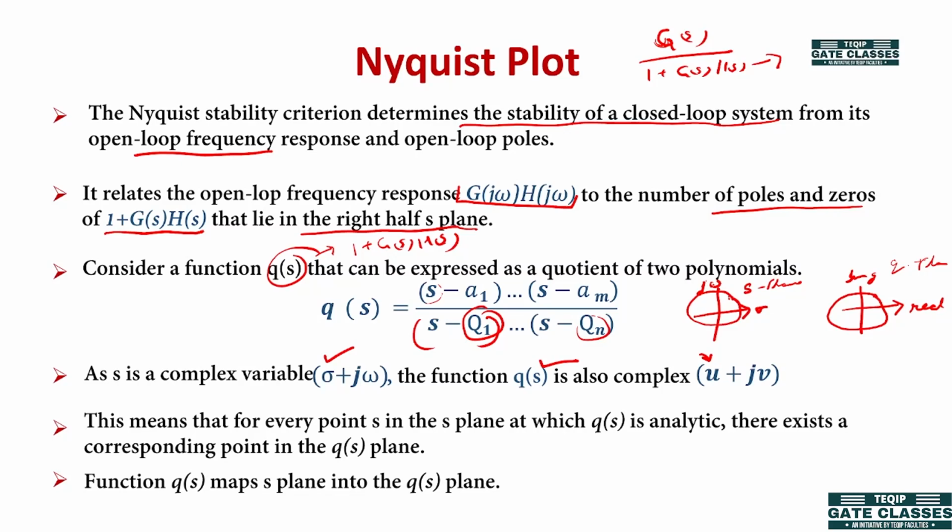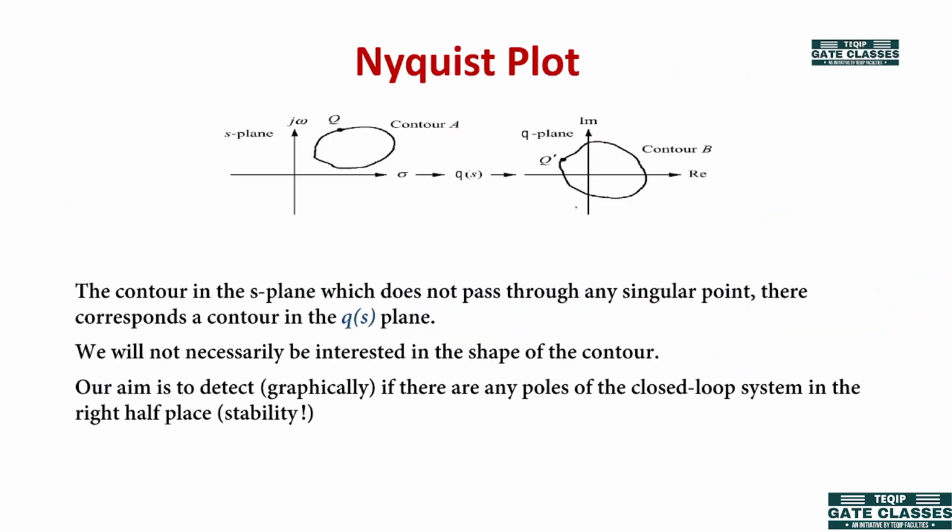So we take different points, but the contour should not pass through the singular points of Q. So there would be a contour A in the s plane and a contour B in the Q plane that corresponds to the s plane for each value of s. This is called the mapping from the s plane to the Q(s) plane. Although the shape of this curve does not matter, we are only interested in the stability.